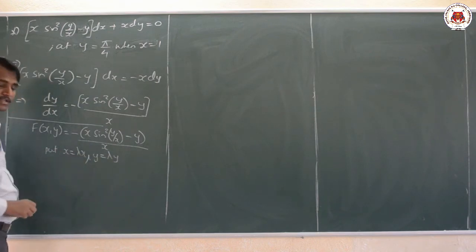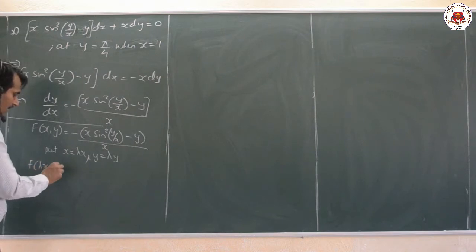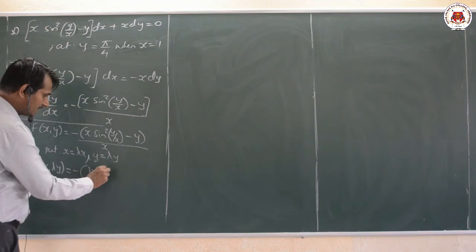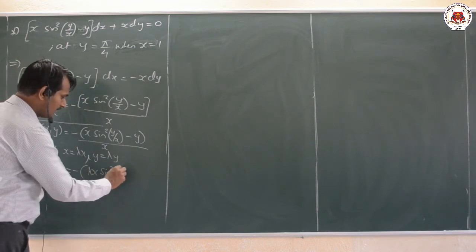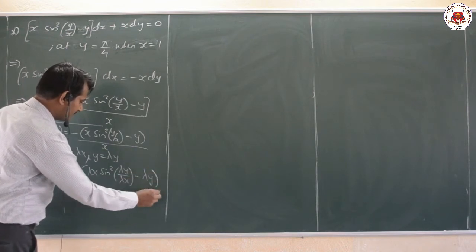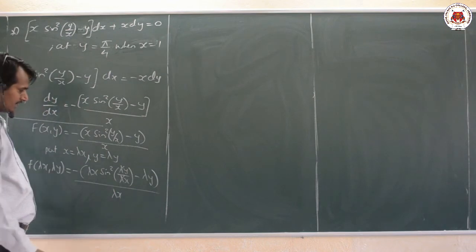So what we get here is f of lambda x comma lambda y, which is equal to minus of lambda x sine square of lambda y divided by lambda x minus lambda y, whole divided by lambda x. Here itself in the bracket lambda gets eliminated.